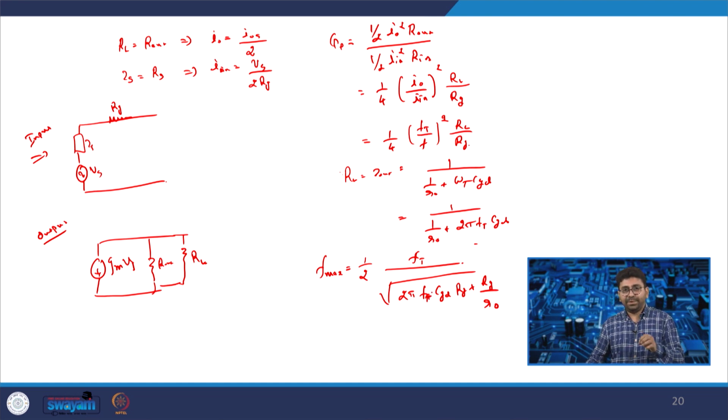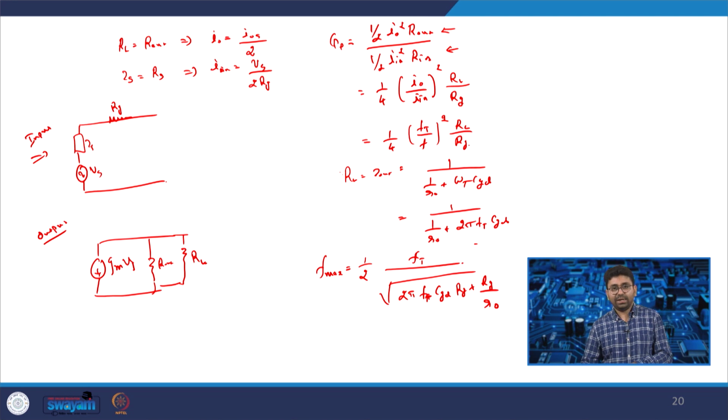While finding the power gain, generally input and output are matched, and at that point we get the output power divided by the input power, and we have derived the output power and input power. Then we considered the output impedance and input impedance, whatever we found, and kept them in this equation.